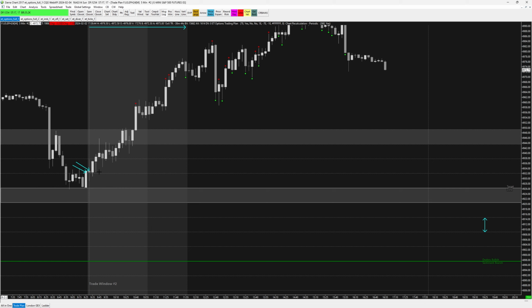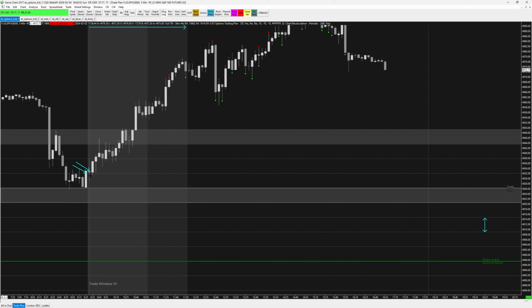Okay, so now I will show you a stat which is based on this basic entry, so entry which is based on the market open, and how many risk units, so how many of these distances the market usually falls down in case of bullish sentiment, or goes up when we are talking about bearish trade.